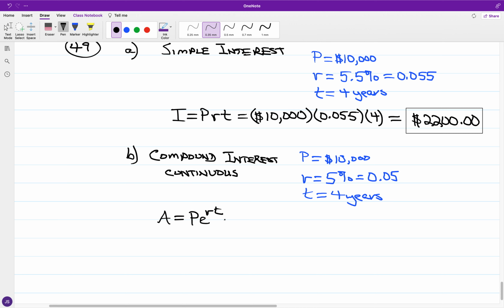So P we have at $10,000, times e raised to the R times T. With the numbers, e to the R times T, the product is going to be 0.20.